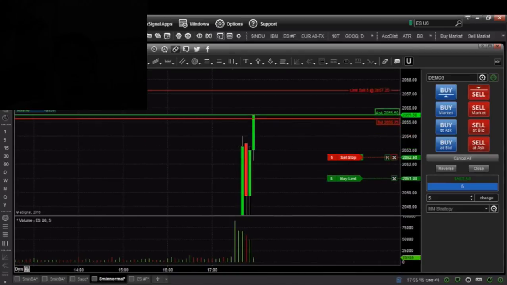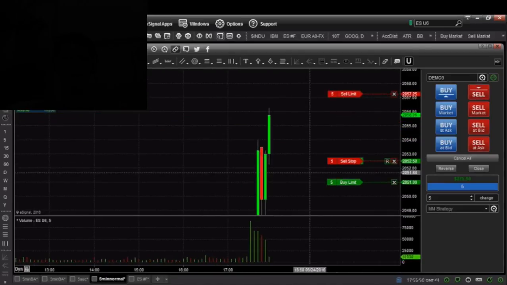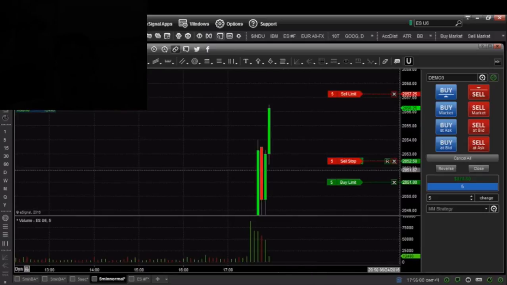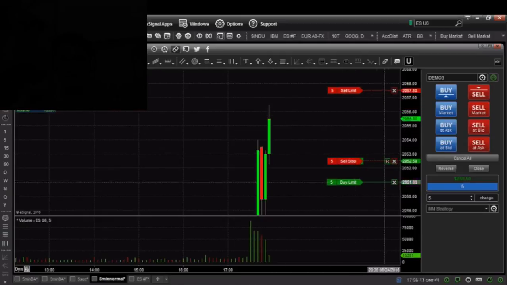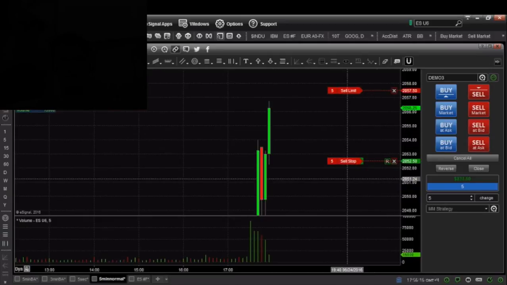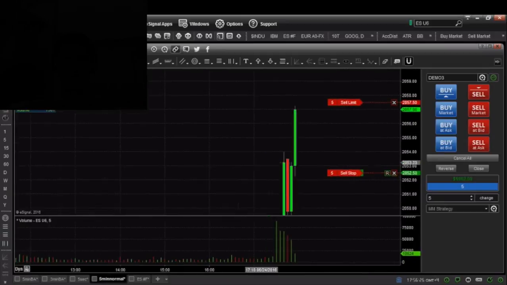So I entered a long position after this small retracement, and I will be looking at some profits here. Obviously this is also an interesting trade, as you can see here, because we will hit our price 57.50 2 or 3 times, and we are not actually filled on this price.